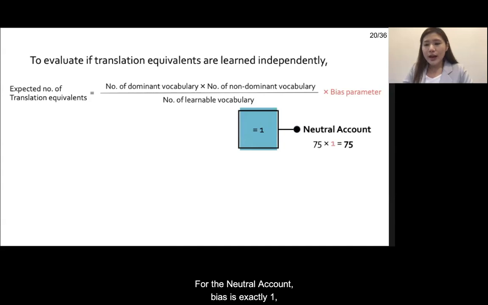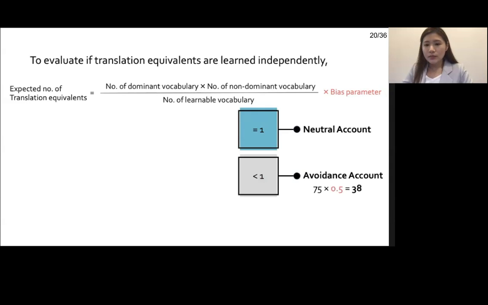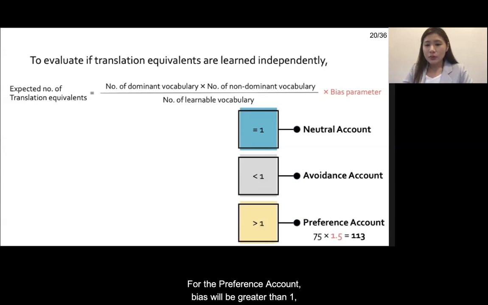For the neutral account, bias is exactly 1, meaning translation equivalents are neither harder nor easier to learn than singlets. For the avoidance account, bias will be less than 1, meaning that translation equivalents are less easily learned than singlets. For the preference account, bias will be greater than 1, meaning that translation equivalents are more easily learned than singlets.